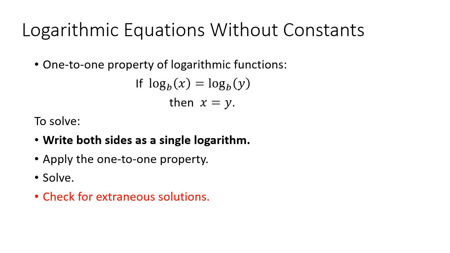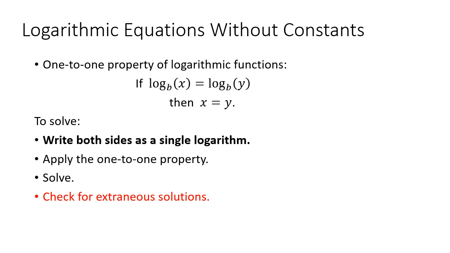You'll be changing the equation into something different. You have to have one logarithm equal to another logarithm, and that's it, nothing else. Once that's done, you can apply the one-to-one property to set the stuff inside each logarithm equal to each other. And then you can solve the resulting equation for x.